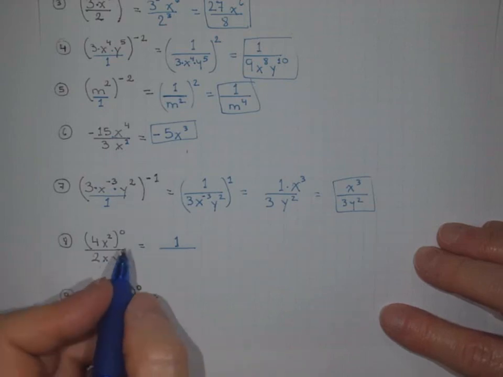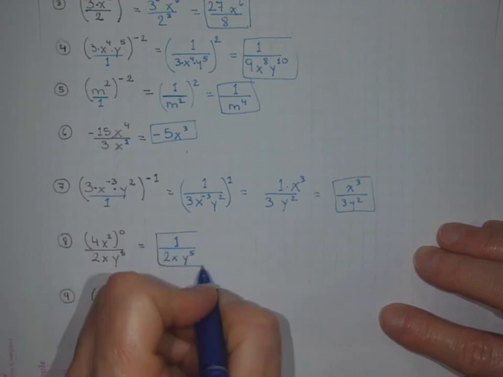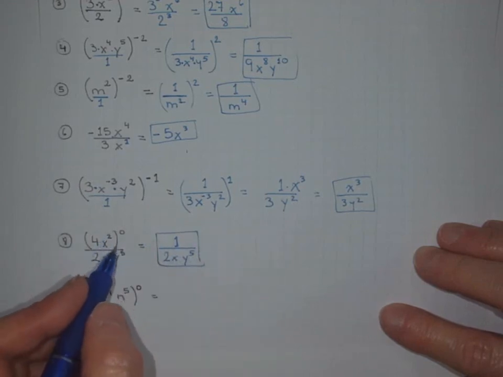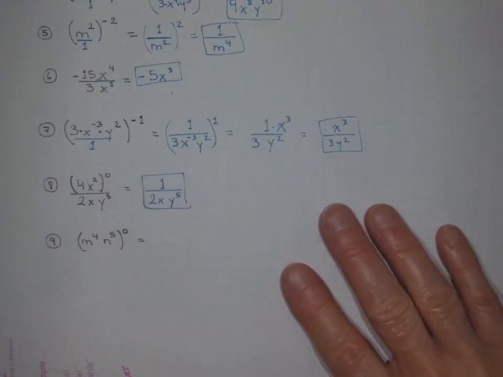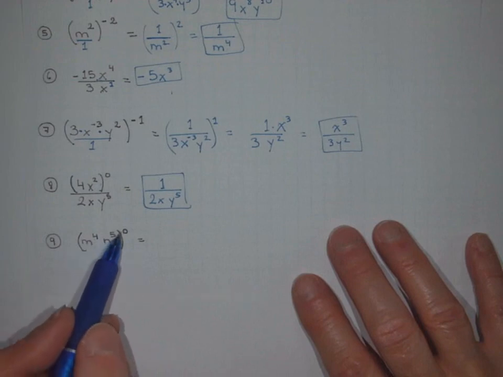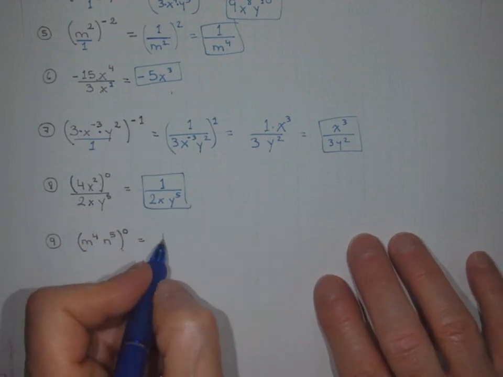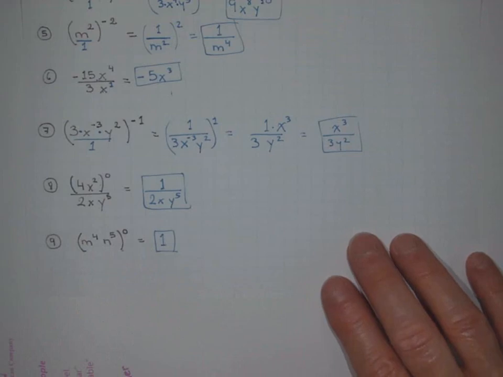That's 2xy to the 5th, so that's going to stay there. Notice how the 0 power here is just applied to the numerator. And this here, we have a 0 power again. It's applied to all of that because all of that is inside the parentheses. So this one is just going to be a good old 1. Because anything to the 0 power goes to 1. All right?